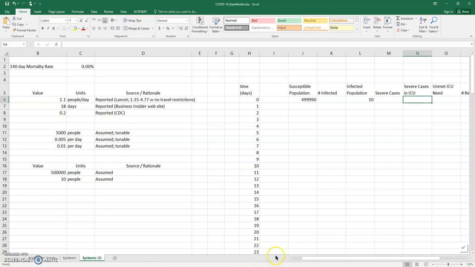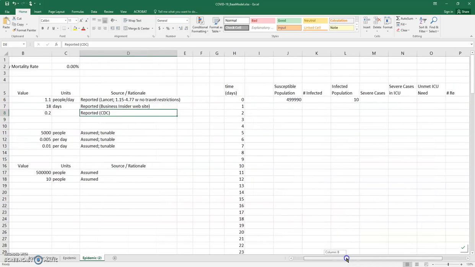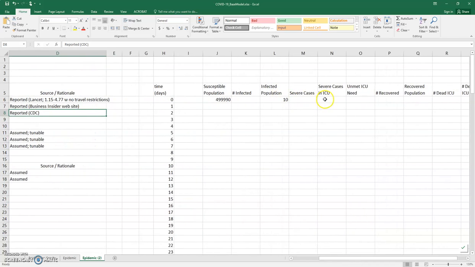The severe cases one, the breakdown of this, comes from the CDC that about 20% of all coronavirus, or all COVID-19 cases are severe. And so the severe cases is just a fraction of this. It's 20% of that.